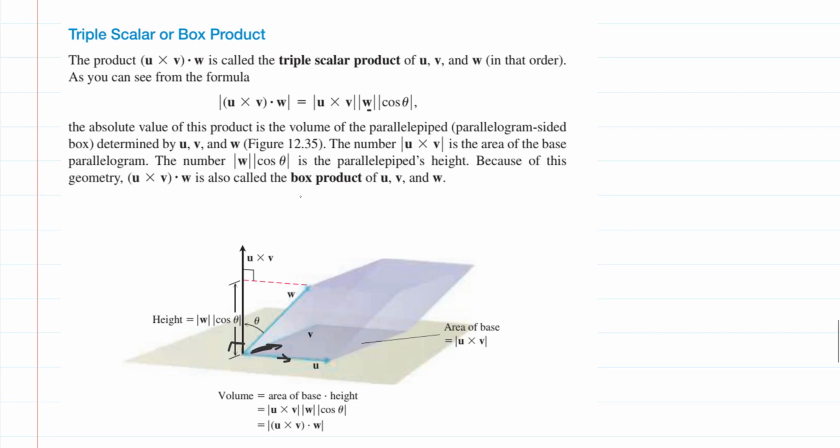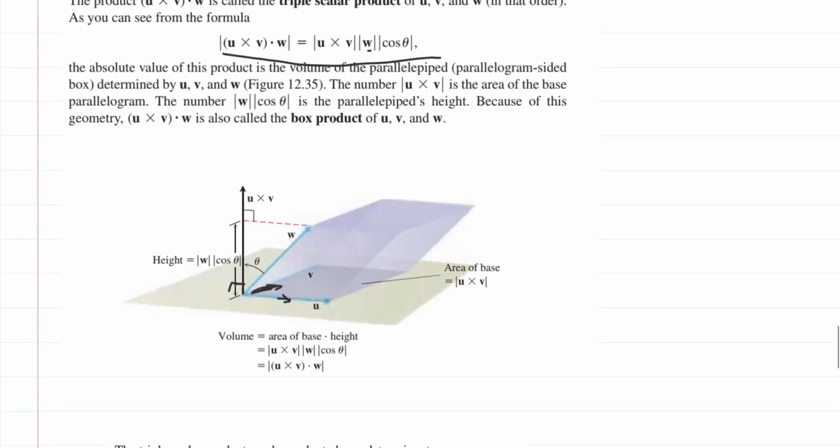It's also called the box product because we're talking about a parallelogram sided box. And apart from that, you can show using some geometry and some trig that this relationship here holds. Okay, so we continue.